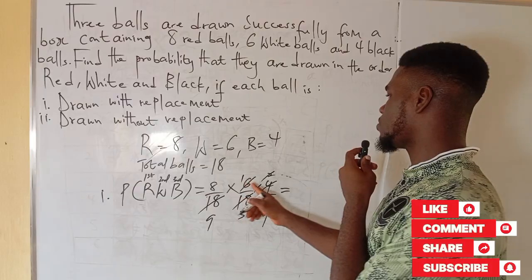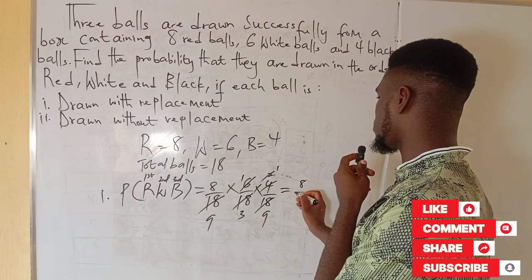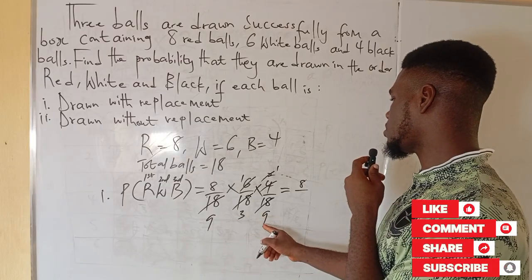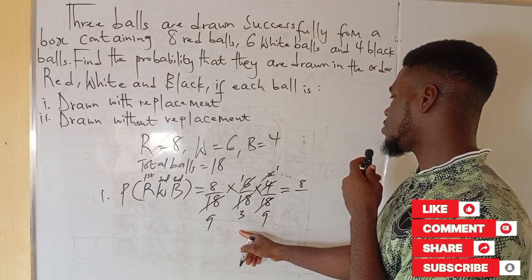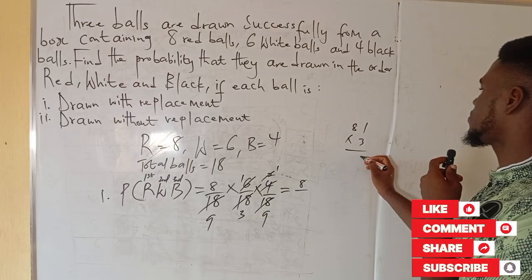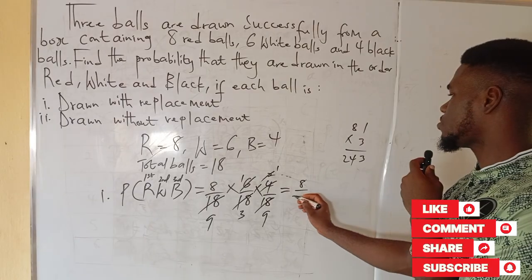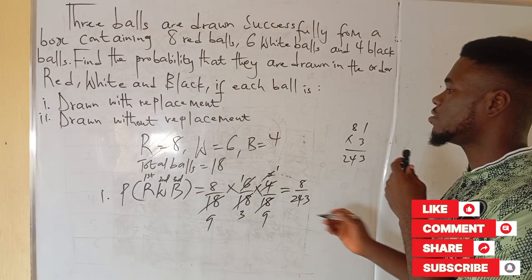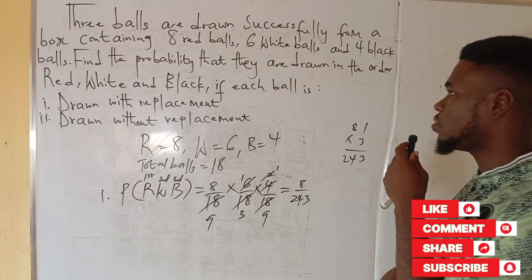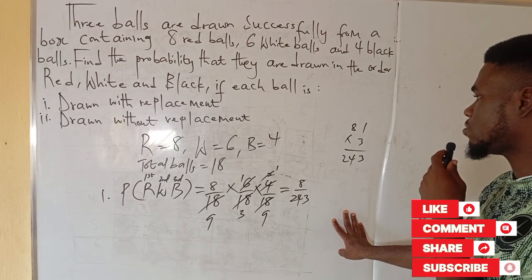So 8 times 1 is 8 up here, over 9 times 9 is 81, times 3 is 243. So for the first, when you draw with replacement, you're having 8 over 243.